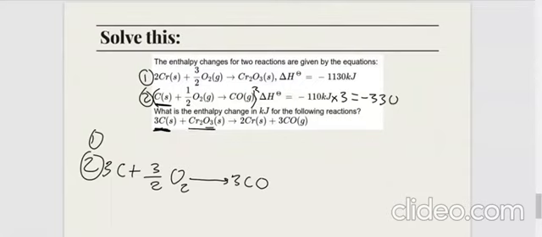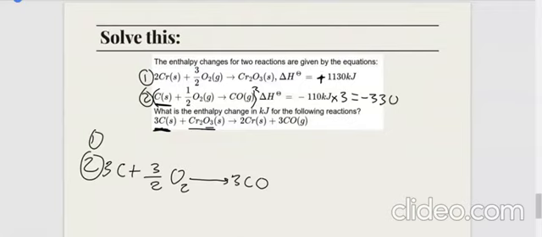Now moving on to this, we need Cr2O3 to be a reactant, but as you can see here, we have Cr2O3 only as a product. So we should reverse the first equation, and by reversing the first equation, this will become the reactant and this will become the product. And the delta H, its sign will change. So it was a negative value, it will become a positive after reversing.